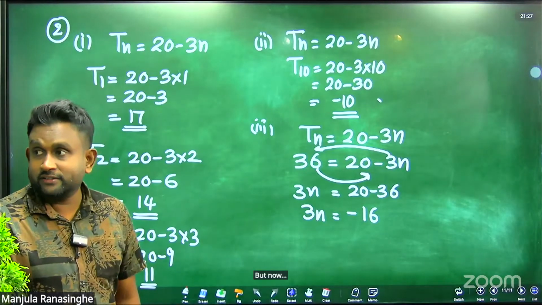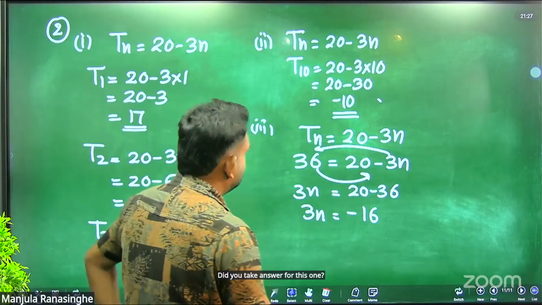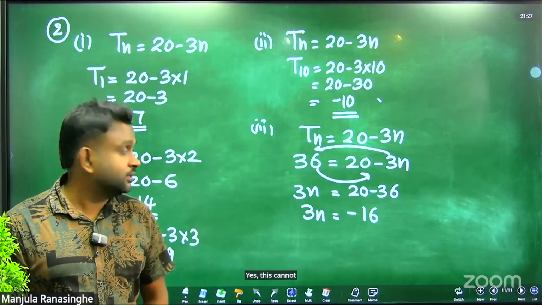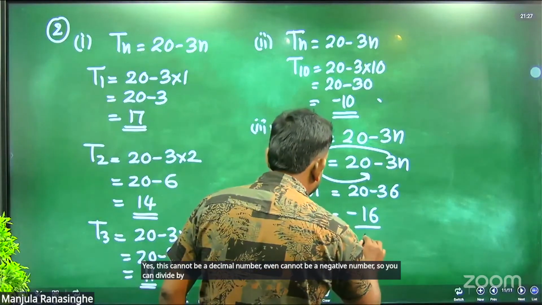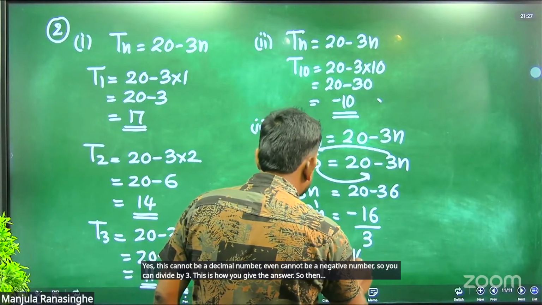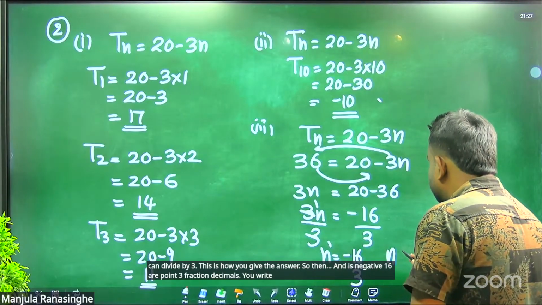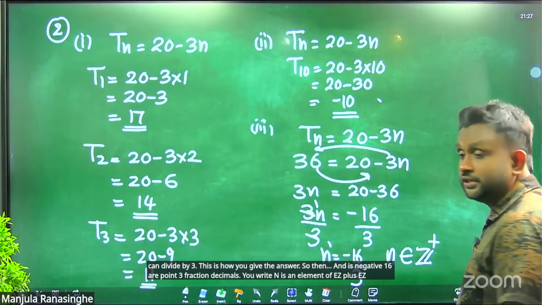Did you get an answer for this one? Sir, I got a decimal number. Yes, this cannot be a decimal number, and it cannot even be a negative number. So you divide by 3. This is how you give the answer. Then n is negative 16 upon 3, a fraction or decimal. You write that n is an element of Z plus, meaning a positive integer.